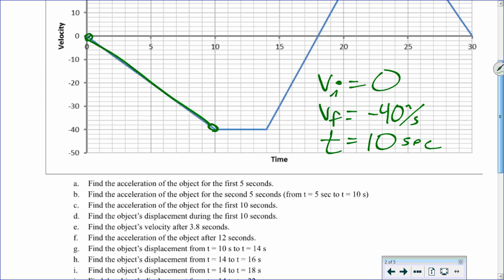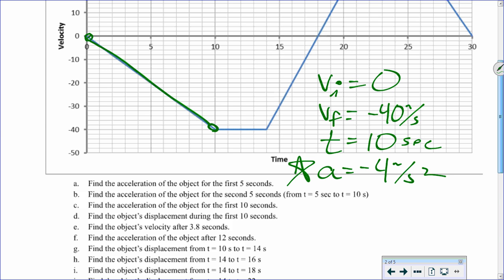It looks like it goes down 4 every second. Now, I would be careful about this, because on this graph, if you check every second, it's consistent, but just make sure that it's exact. Okay? All right, so is everybody okay up to there?